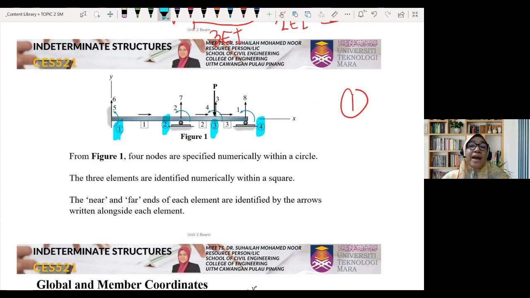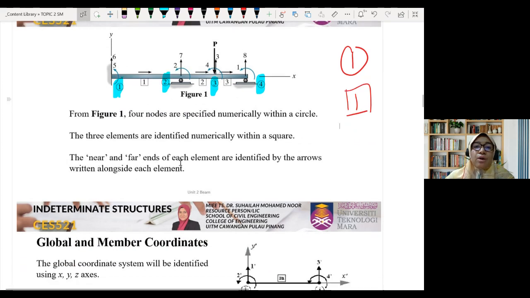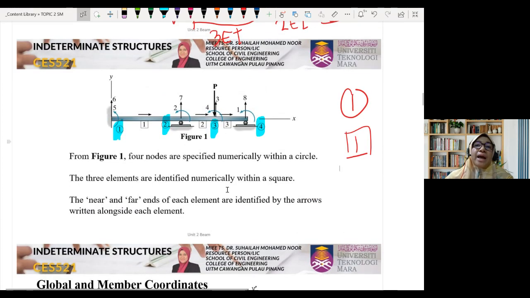And we have element numbers. Remember, an element joins two nodes, which means that element number 1 joins node number 1 to node number 2. An element is represented by a number in a square box. The near and far end of each element are identified by the arrows written alongside each element.